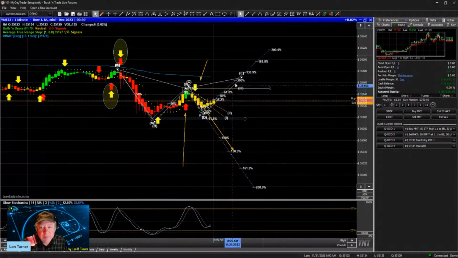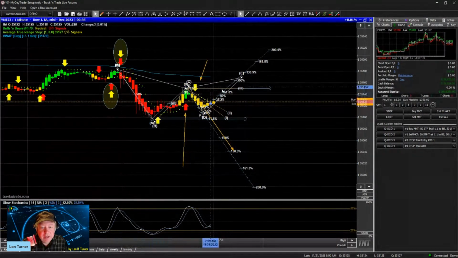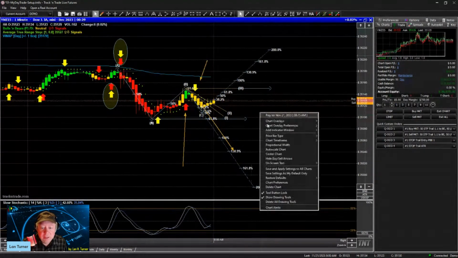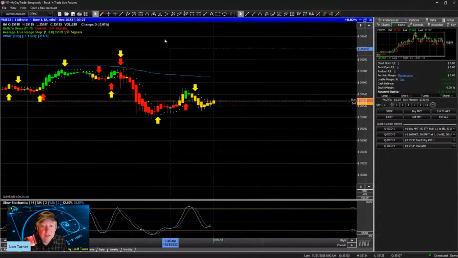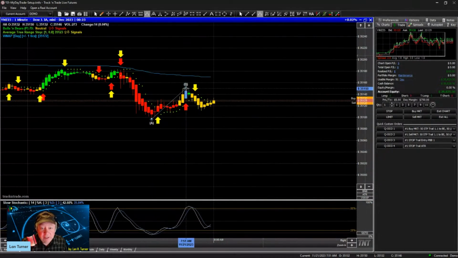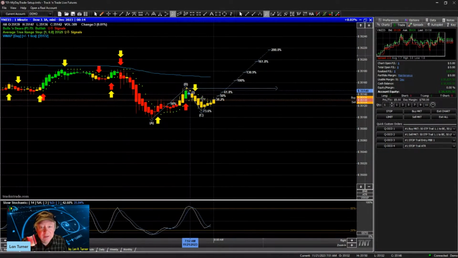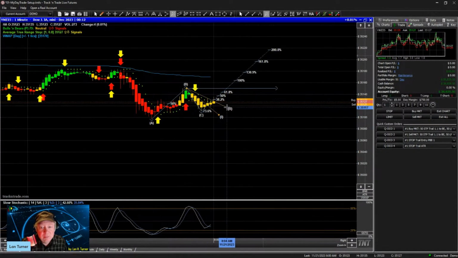So if it goes back up, it's going to go all the way back up to that blue line, and that would tie off the little butterfly pattern. Let's kill all this information here. And we're going to go. Of course, it doesn't have to do anything. It could just sit here and wander sideways and not trend at all. There it goes. It broke the green dots. So we'll put our spider web back in there.